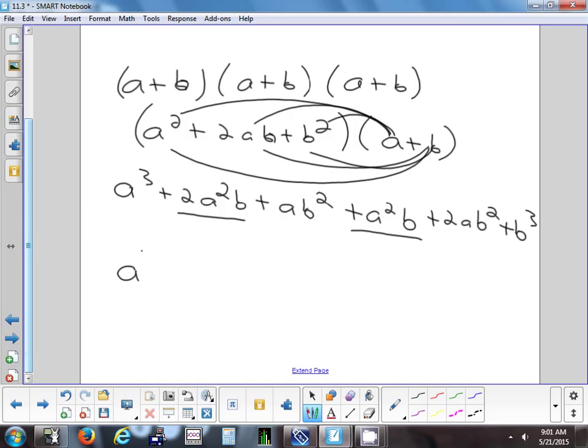So we get a cubed plus 3a squared b. Okay, any other like terms? 2ab squared and ab squared. Yep, these are also like terms. So again, we'll get 3ab squared plus b cubed. Okay, so that's what you get if you do a plus b cubed.